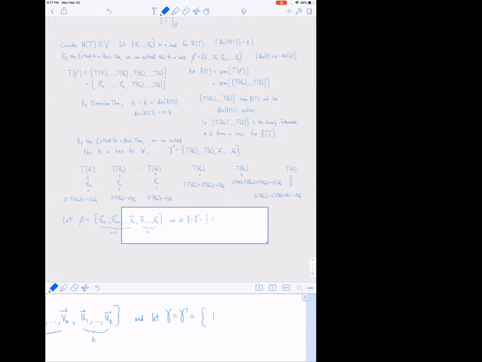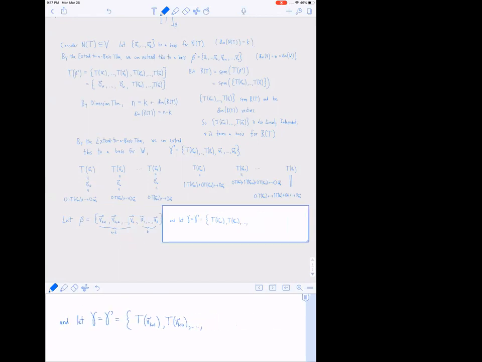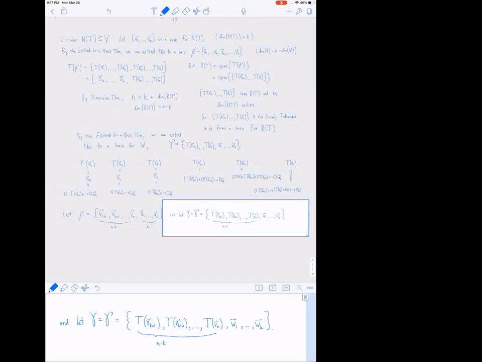It's the set of vectors T of v_{k+1}, T of v_{k+2}, up through T of v_n. Again, there are n minus k of these, and then these other vectors that don't actually matter that much, w_1 through w_k, that we got when we extended to a full basis for W.